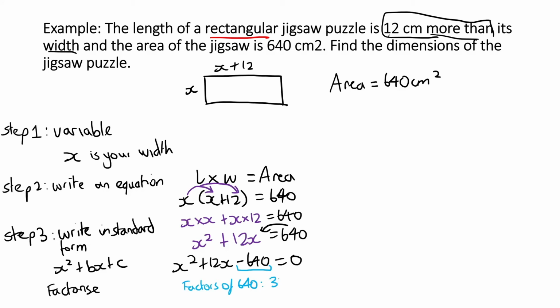So there's 32 times 20, which is possible to get 12, which is the middle number, what we want. So how do we get 12? We can do 32 minus 20, which will give you 12.